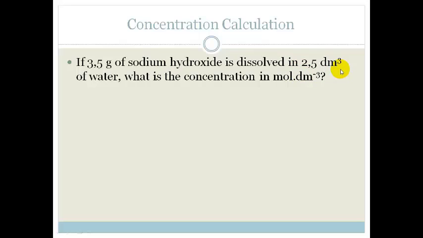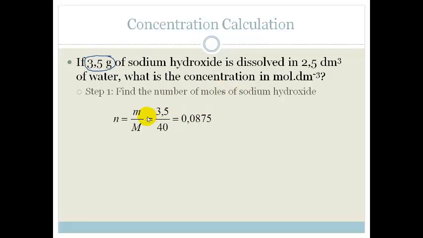First of all, you have to realize that we need to find the number of moles of sodium hydroxide, because they've given us the mass. We know that the number of moles is mass over molar mass.